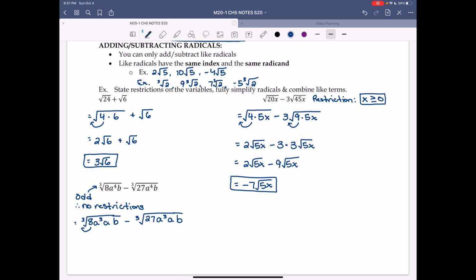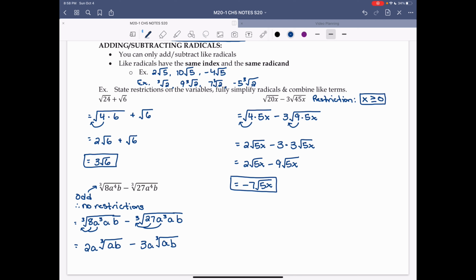We can take the cube root of 8 and the cube root of a to the power of 3. We can take the cube root of 27 and the cube root of a to the power of 3. We get cube root of 8 is 2. Cube root of a to the power of 3 is a. And then we have cube root of ab minus the cube root of 27 is 3, and the cube root of a to the 3 is a. And then we have the cube root of ab.